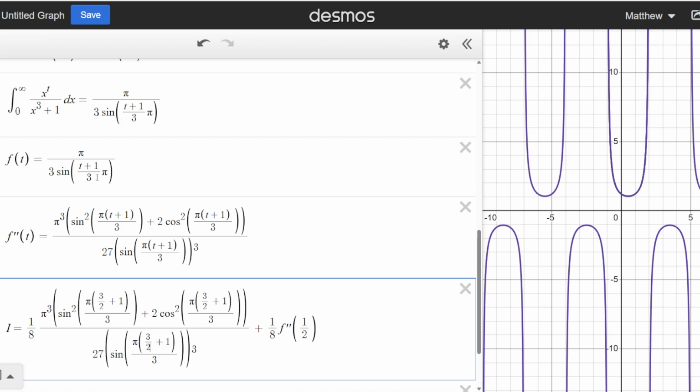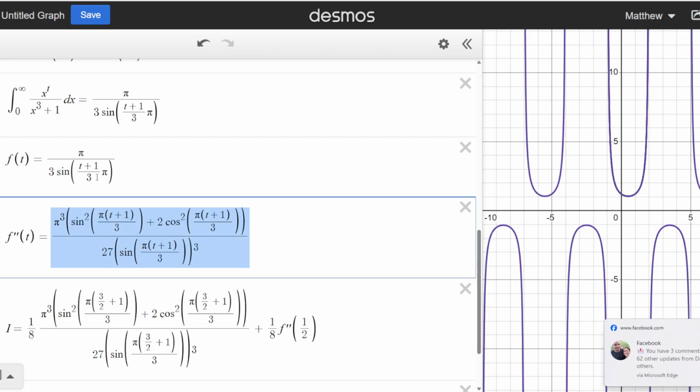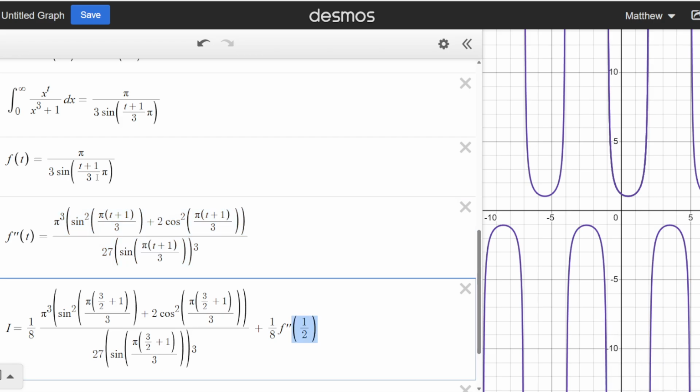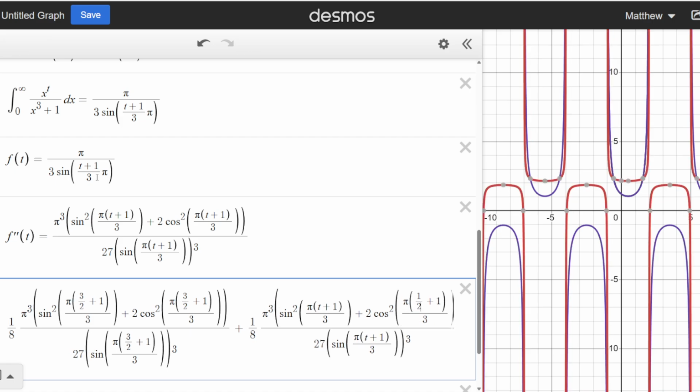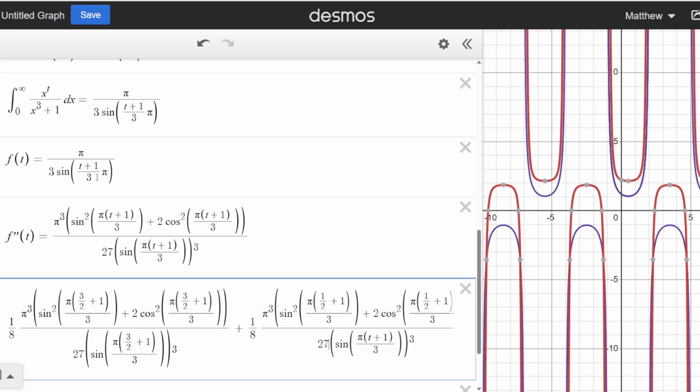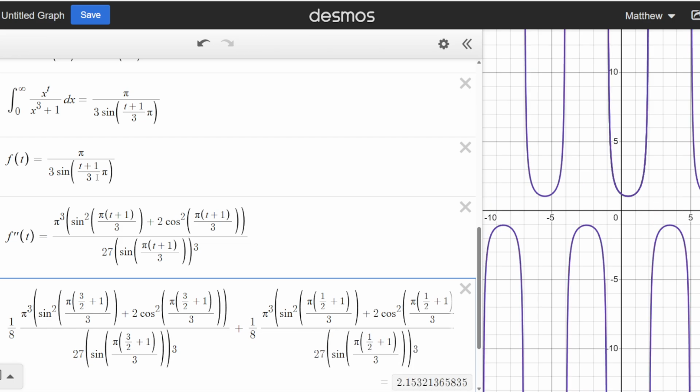All right. And then for our second one, we're doing the exact same thing, except we're plugging in 1/2 for t. So t is 1/2, t is 1/2, and t is 1/2, and that is perfect.